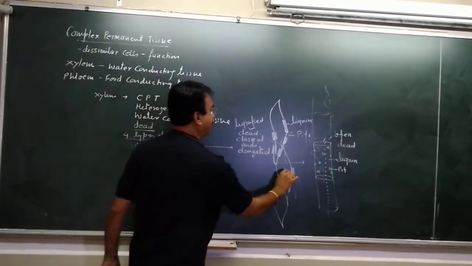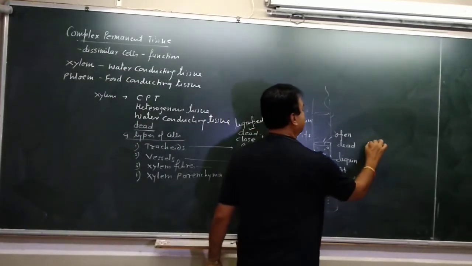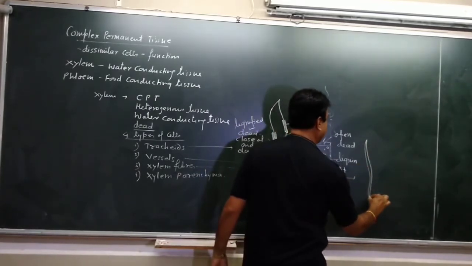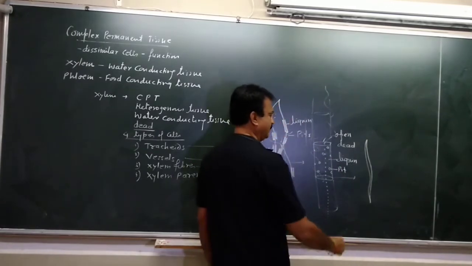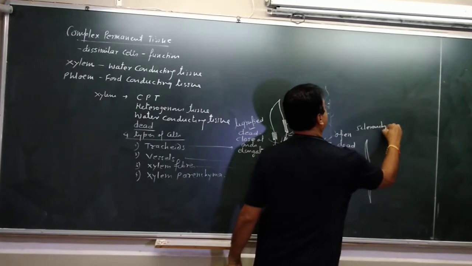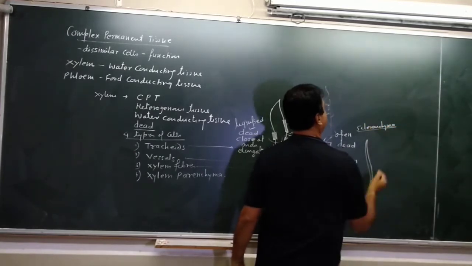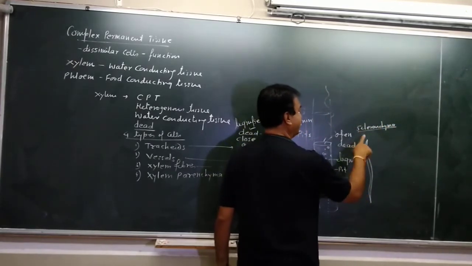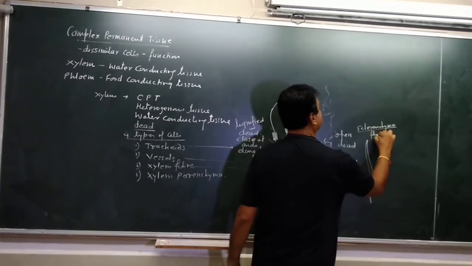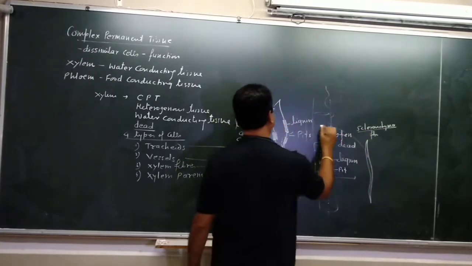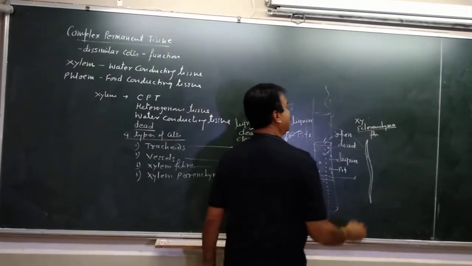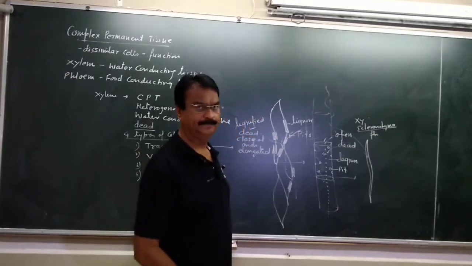Third is xylem fiber. Whenever the word fiber comes, that is related to the sclerenchyma cells which are elongated. As we have seen, whenever the sclerenchyma cells are elongated and thread-like, they are called sclerenchyma fibers. And as these are associated with tracheids and vessels, they are called xylem fibers.